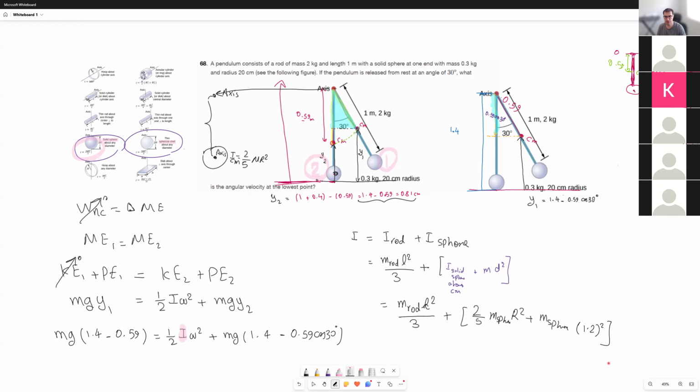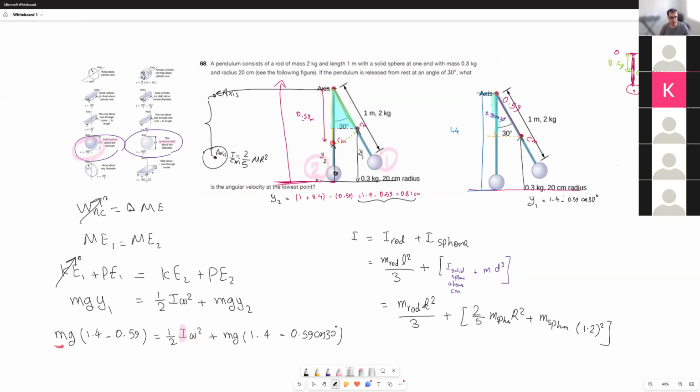Any question here on this? If that makes sense, then you're going to put I into this equation, and everything is known. The only unknown is going to be omega, and you will be able to find the angular velocity at the lowest point.